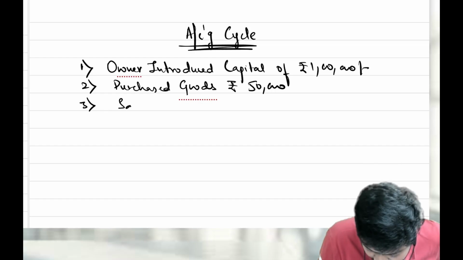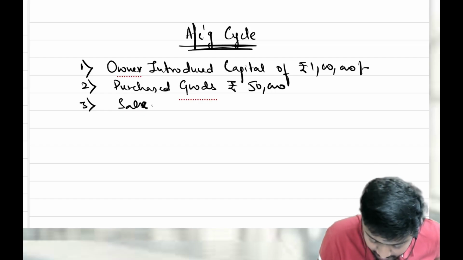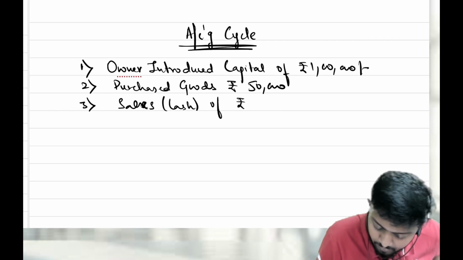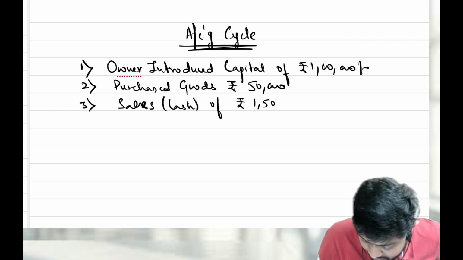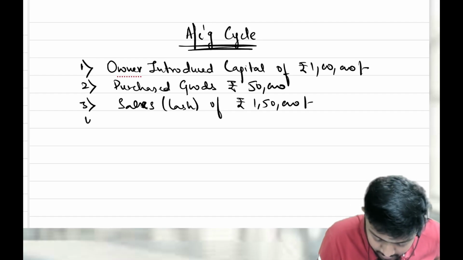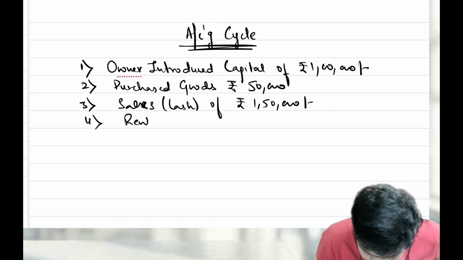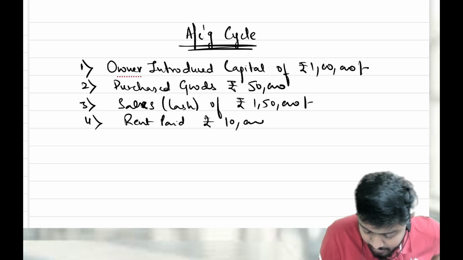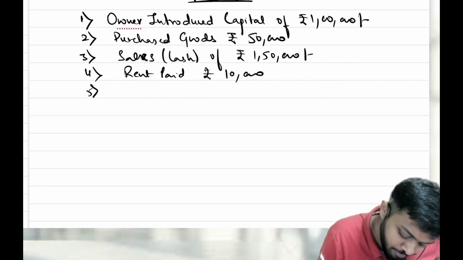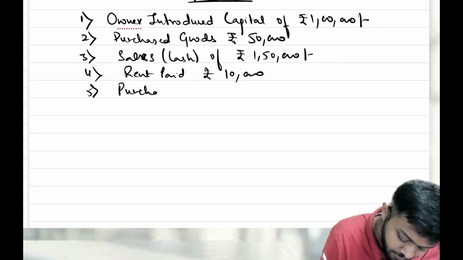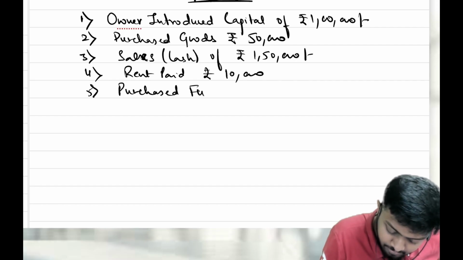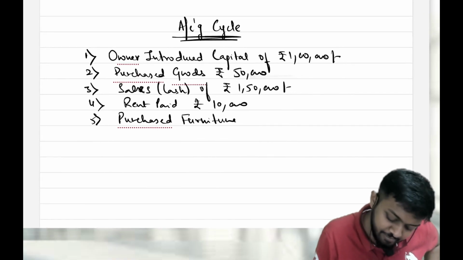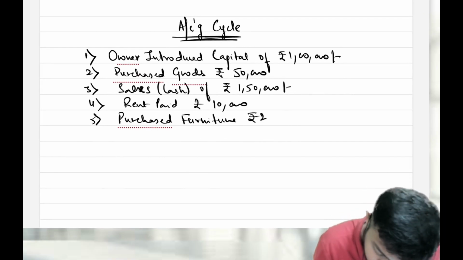Then he made sales, cash sales only, of rupees 1,50,000. Fourth, he paid rent of say 10,000. Fifth, he also purchased furniture worth rupees 20,000.